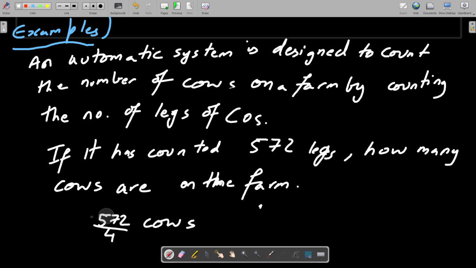Each coach of the train has a fixed number of wheels, so that is pre-programmed into the sensor. The sensor counts how many wheels are passing by.